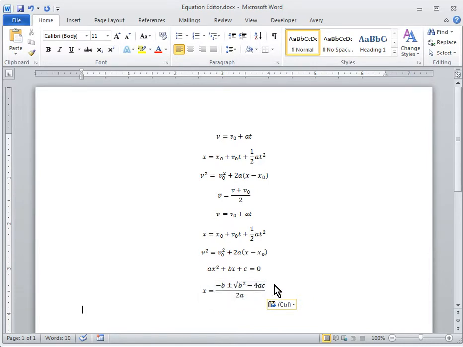Let's take a look at some special conditions for this equation. Let's suppose for the moment that c were 0. Then you'd have an equation of ax squared plus bx equals 0, and you'd have a factor of x you could take out, giving ax plus b equals 0. So one of the possible solutions would be x equals 0. Let's see what happens now if we put c equals 0 in the formula. If c is equal to 0 here, then this term is 0, and the square root of b squared would be b, and so the answer would involve minus b plus or minus b.